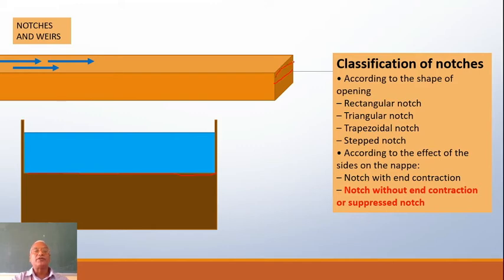Suppose I draw a sheet of water, it will be flowing like that at the end, and here it will be flowing like that. So there is no end contraction. This sheet comes as it is. There is no end contraction, right? So such a case is known as a suppressed notch or suppressed weir. A notch without end contraction is known as a suppressed weir.